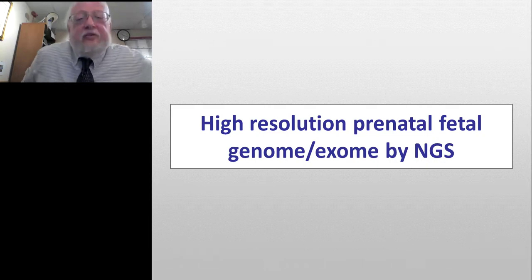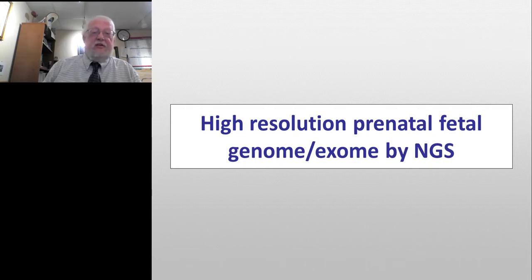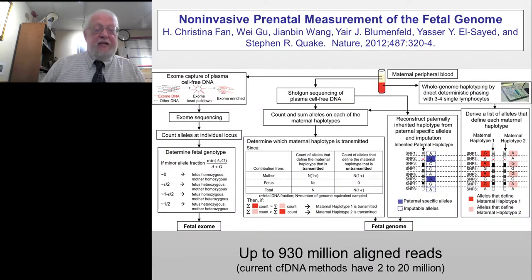Now, there are also a few groups that have played around with high resolution whole genome, whole exome of the fetus based on cell-free DNA. Now, I'll do the classic, I know you can't read this, because even if you could read it, I'm not sure I could explain it to you. But this was a study back in 2012, Stephen Quake and his group from California.